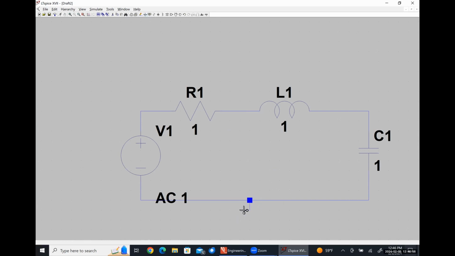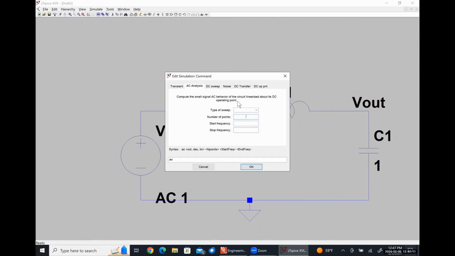Here is my output node. So simulate, decade, 1,000 points per decade. Let's start it at microhertz.